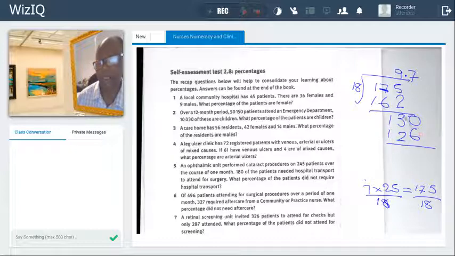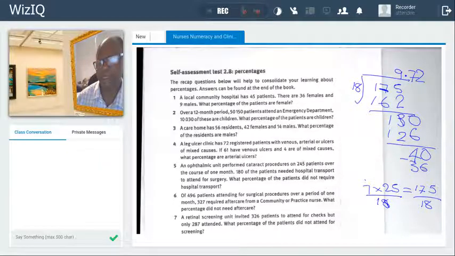Okay, and then we borrow 1 here. 10 take away 6 is going to be 4. Then I'm going to add a 0. And 18 into 40 is going to be, not 6, 2. 2 times 18 is 36.